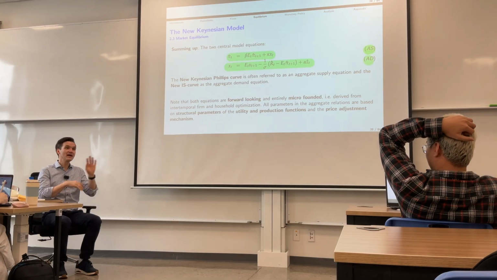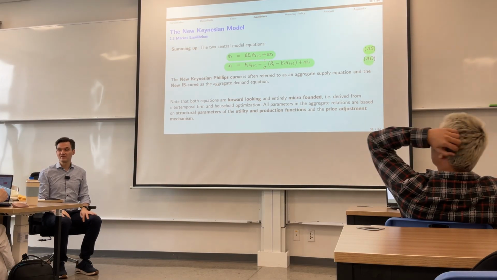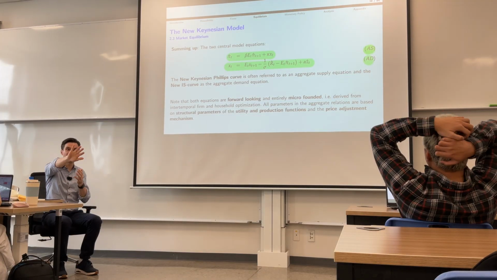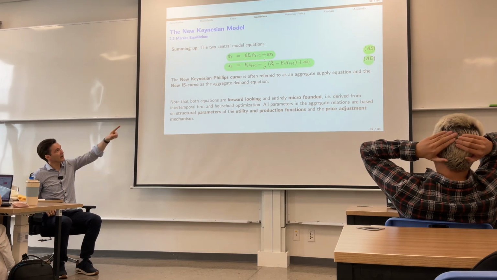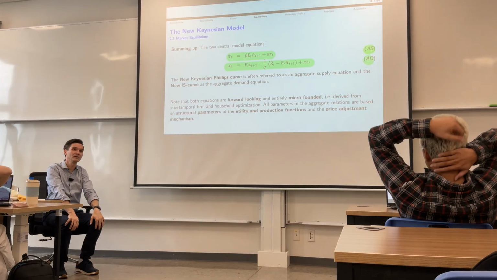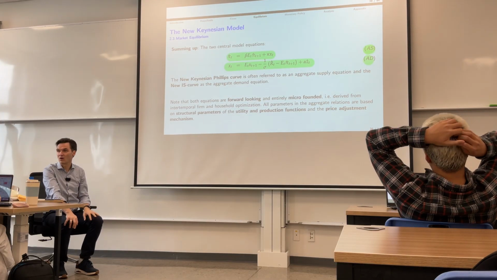Now that model had a lot of elements in it, of course. But at the end of the day, if you were to boil that model down, you say, okay, let's get rid of capital, let's get rid of banks, let's get rid of trade, you will arrive at those two equations, even in those super complicated models. So it is a very powerful and widely used model.